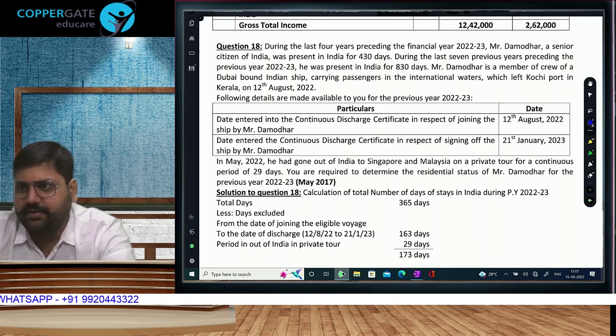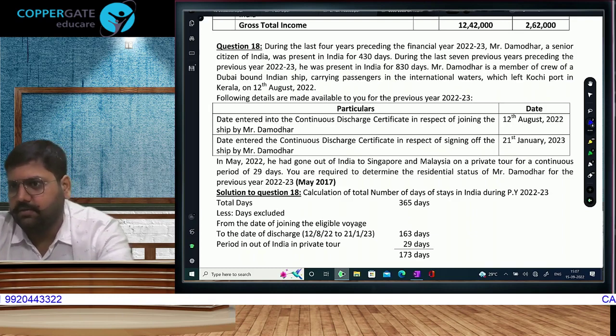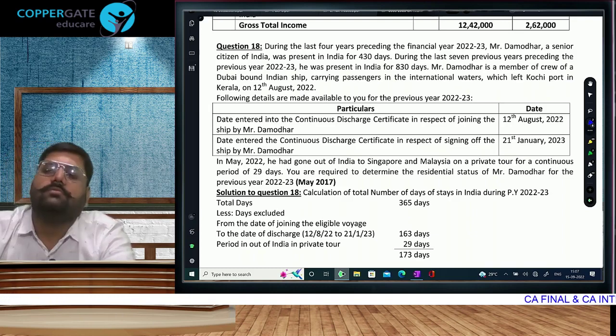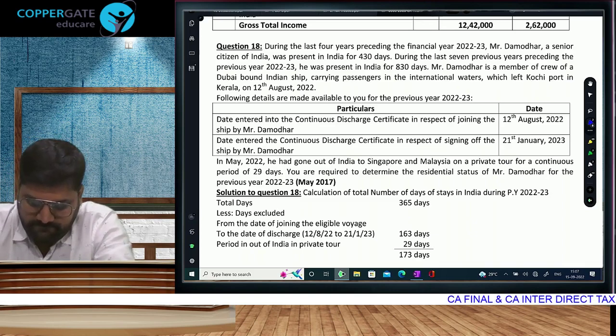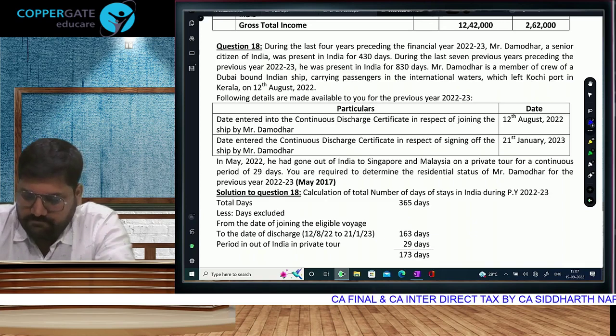So this date, will we include it in stay in India or exclude it from stay in India? Exclude. CDC period will be excluded. And date entered into the continuous discharge certificate in respect of signing off the ship by Mr. Damodar: 1st January 2020.